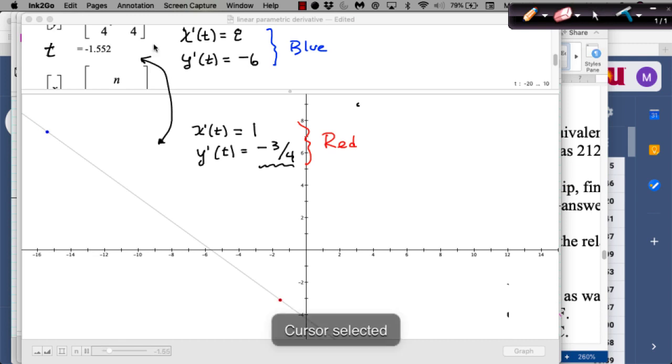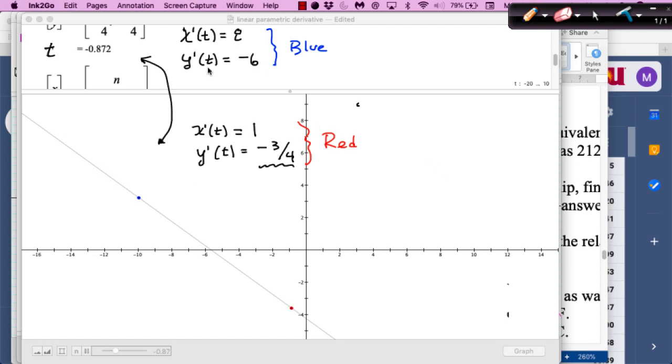What's happening for the same change in t? How does this graph get produced for the same change in t versus how this graph gets produced for the same change in t? The numbers should be in perfect agreement with what you're seeing visually, right?